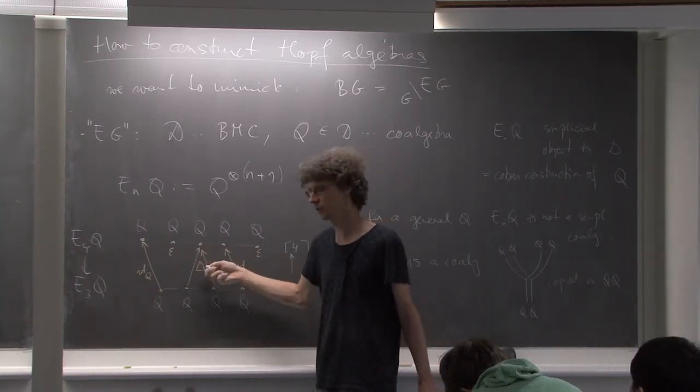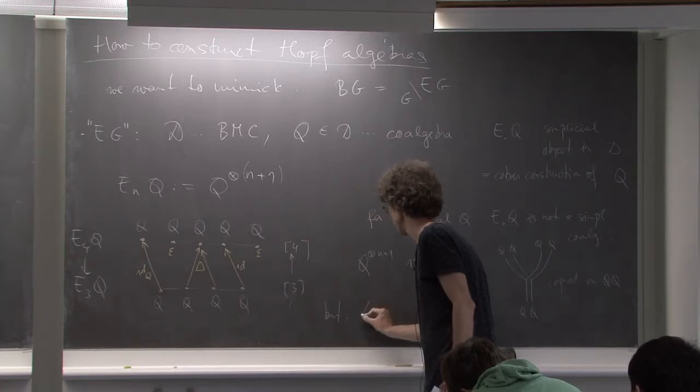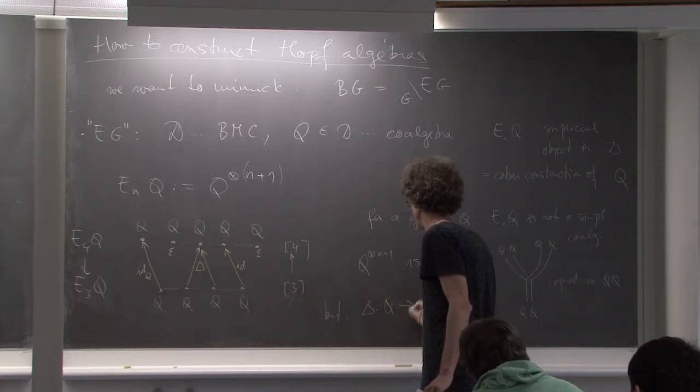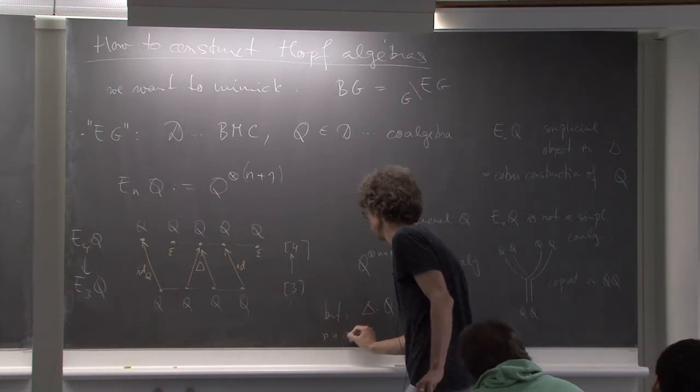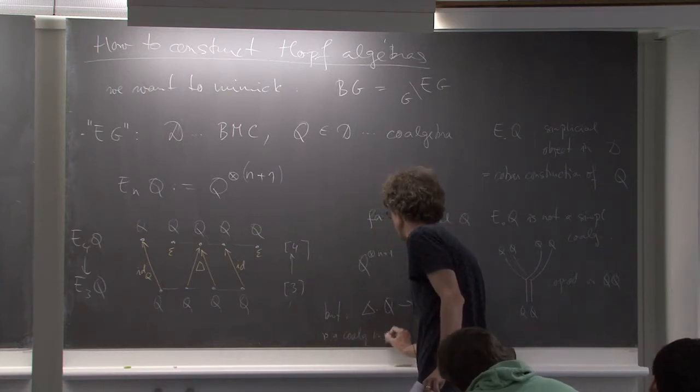And the trouble is happening already for this delta. So when is delta from Q to Q tensor Q a coalgebra morphism?